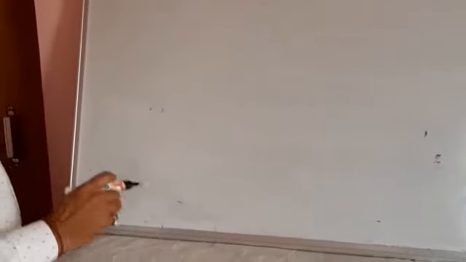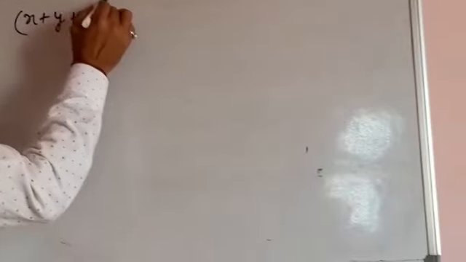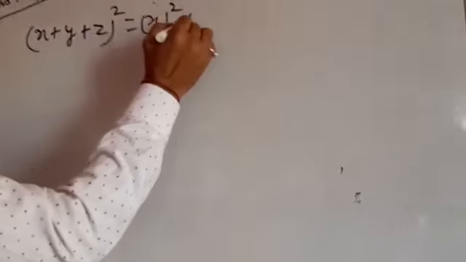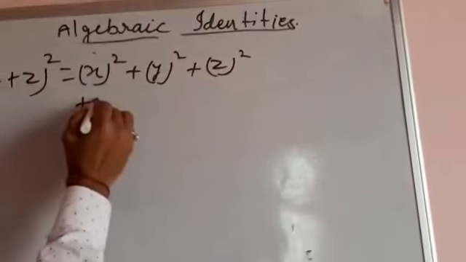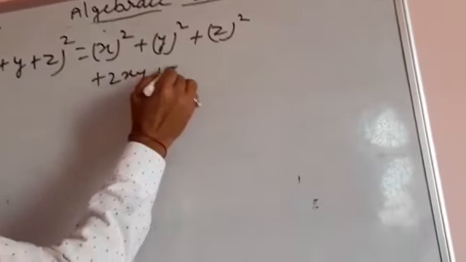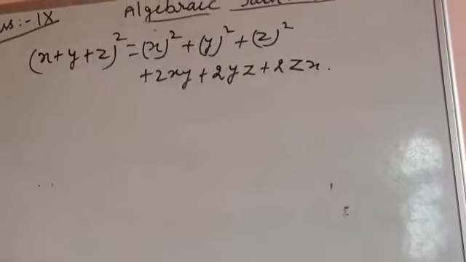So what else do we have left with the identities that would be used? One is (x + y + z) whole square. The result is x square plus y square plus z square plus twice xy plus twice yz plus twice zx. What else?